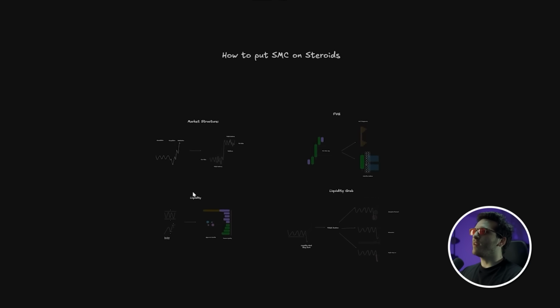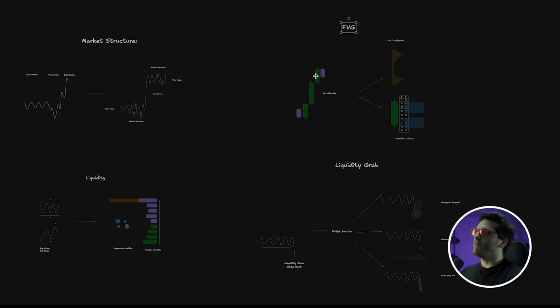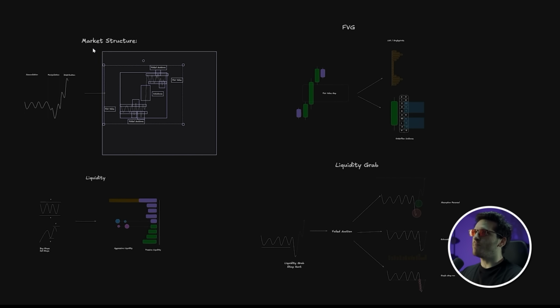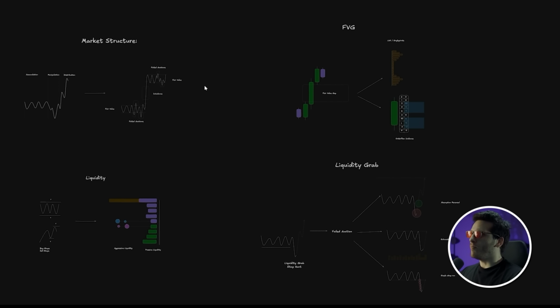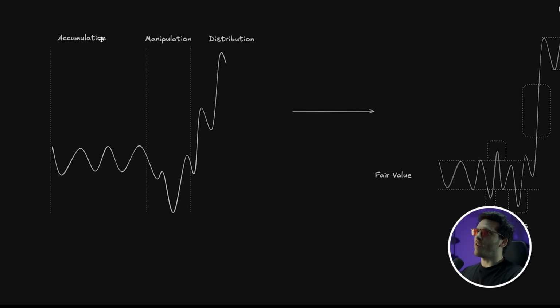Let's start with an overview of how to turn your most common ICT SMC concepts, such as market structure, FVG, liquidity, and the pattern of liquidity grabs, into their respective deeper versions of market understanding thanks to order flow. Starting with the power of three, the basic market structure understanding for SMC traders: accumulation, manipulation, and distribution.